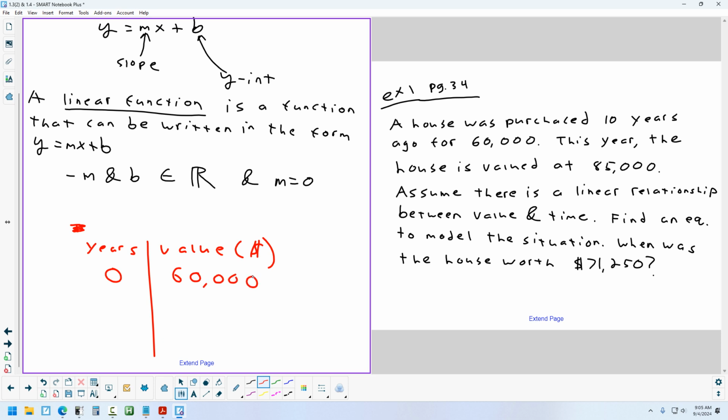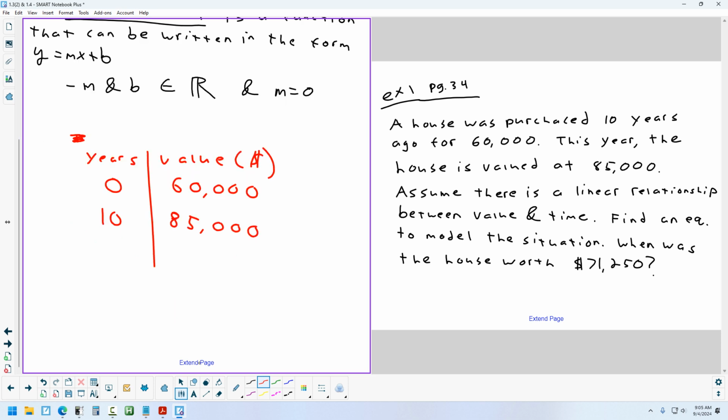And what do you think my next coordinate in the table would be to represent the value of the house at 85,000? Like, what do you think the years would be? Yep. 10 years later. So 0, 60,000, there's your y-intercept.